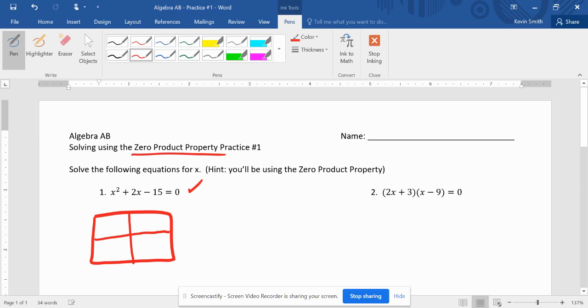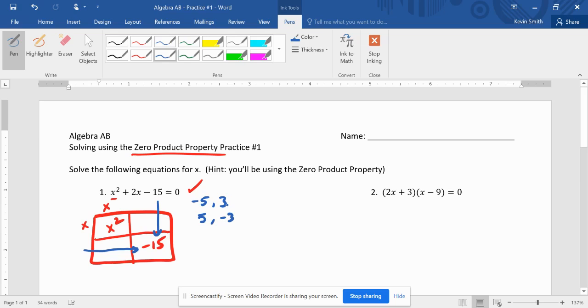So we'll factor first. So this x squared will be x and x, and negative 15. So I'll need two numbers that multiply to negative 15, but add to 2. So those are going to be things like 5 and 3, negative 5 and 3, or 5 and negative 3.